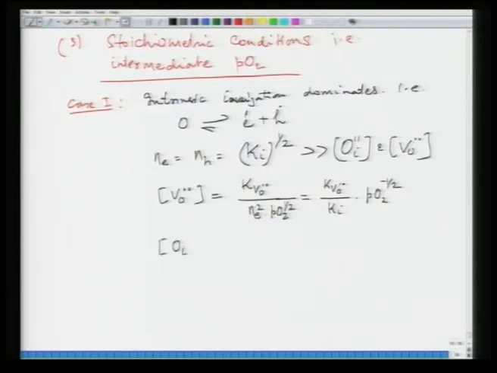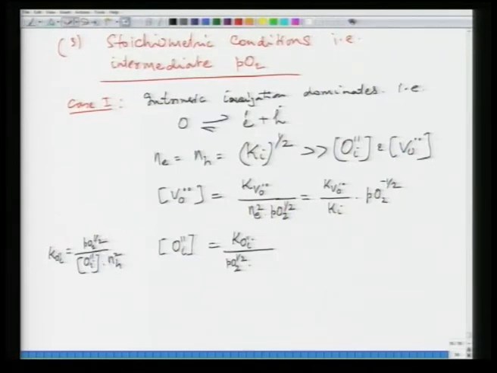Similarly, OI concentration will be given by KOI divided by PO to the power half multiplied by, just a second, because we had KOI equal to PO to the power half divided by OI into NH square.